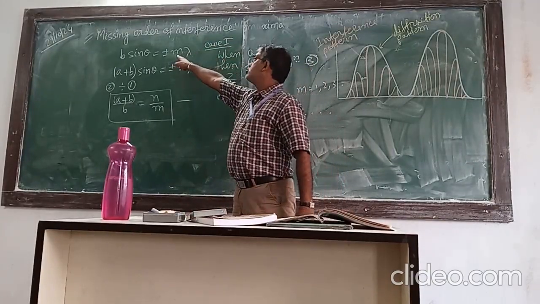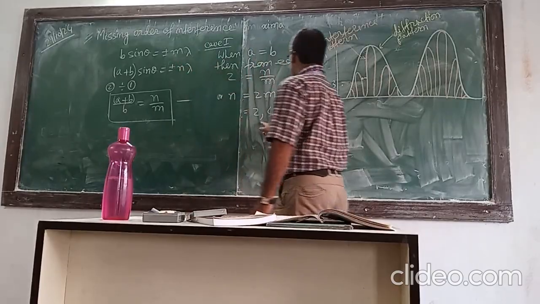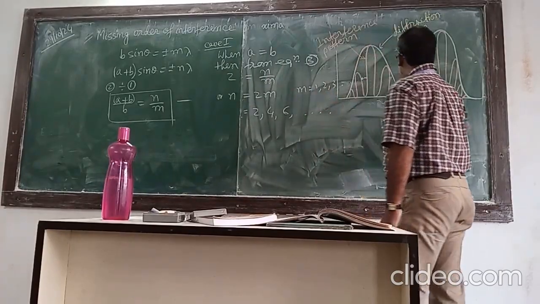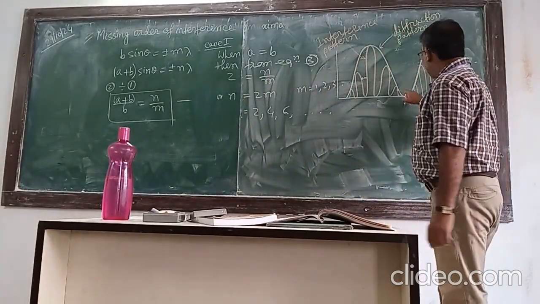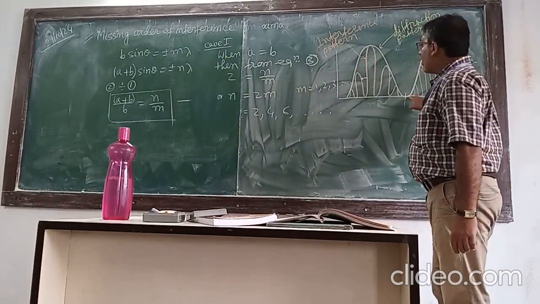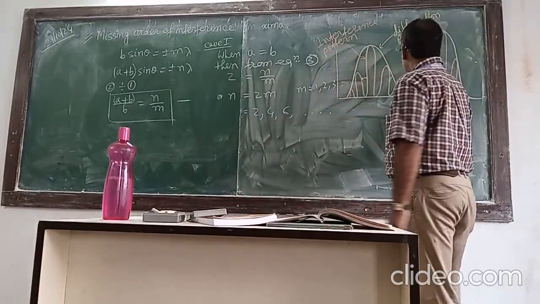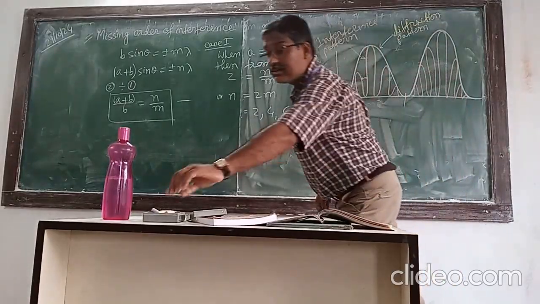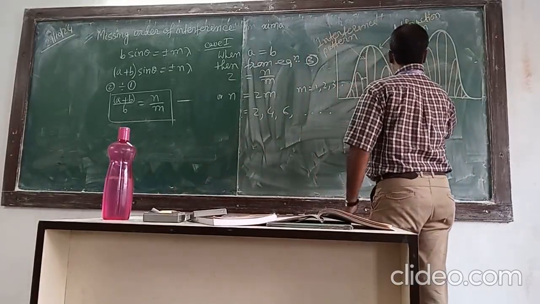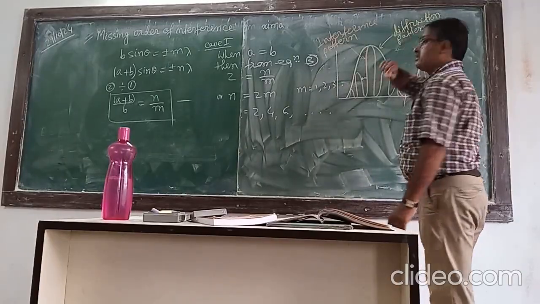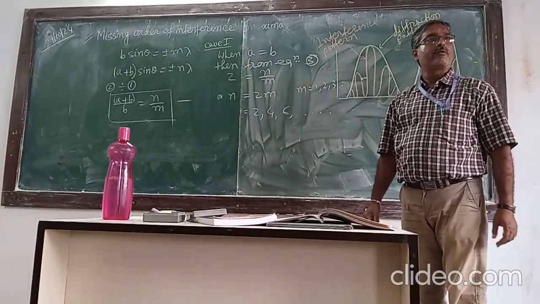So when m equals 1, 2, 3, then n equals 2, 4, 6. The second order maxima of the interference will coincide with the first order diffraction minimum. We cannot see this maxima. That is called the missing order.